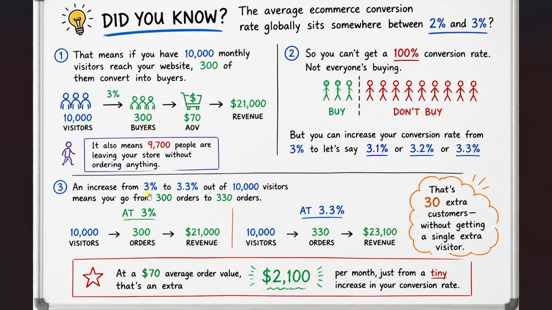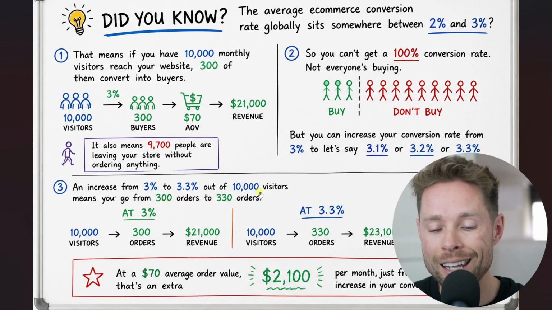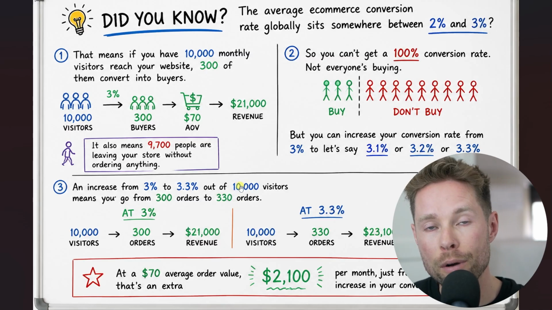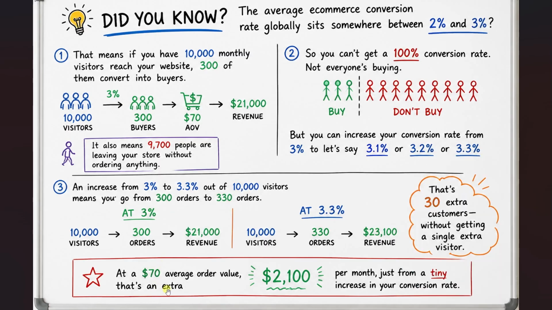An increase from 3 to 3.3% conversion rate with 10,000 visitors means you go from 300 orders to 330 orders. So if you spend money on ads to get those 10,000 visitors, it stays the same, but the output is increasing. So again, at the $70 average order value, that's an extra $2,100 without getting a single extra visitor to your store.